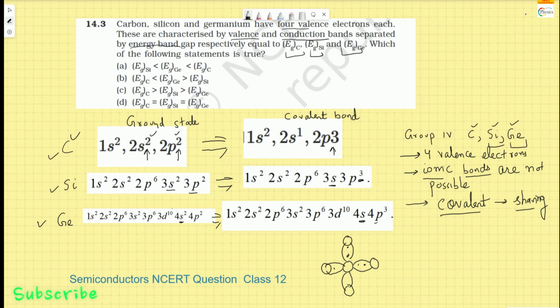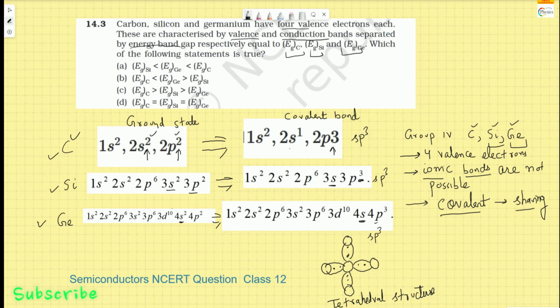When this structure is formed, we call it a crystal structure. It's a tetrahedral structure. And if you notice, this is sp3, and the last two are also sp3.